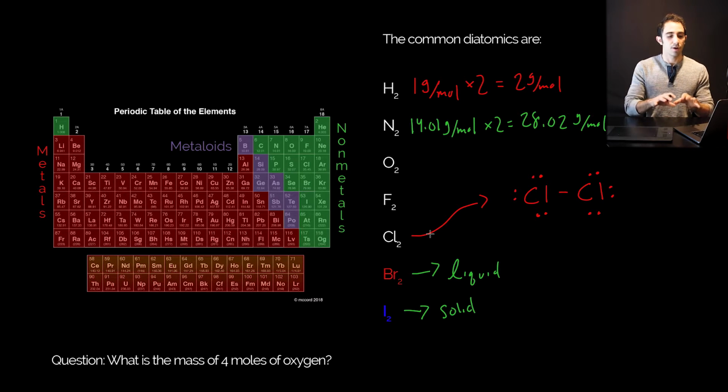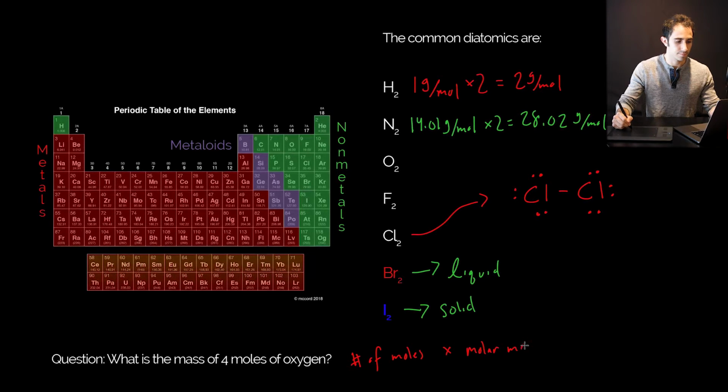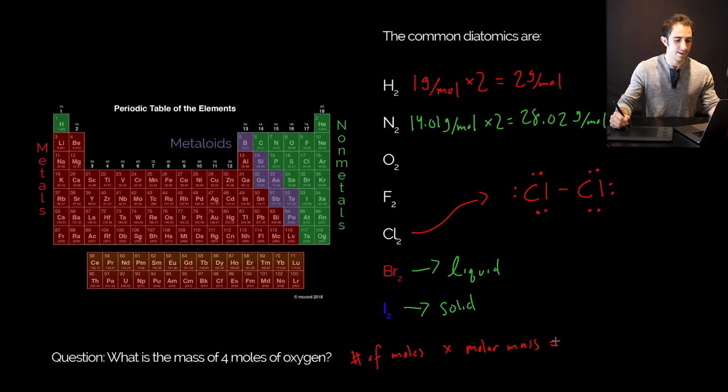So other than just memorize these, why is it so important? And well, it's so important because of this question that I have at the bottom left, which is just that what is the mass of 4 moles of oxygen? So our basic stoichiometry tells us that if we take the number of moles and then multiply that by the molar mass, I can get just the mass that I have present.